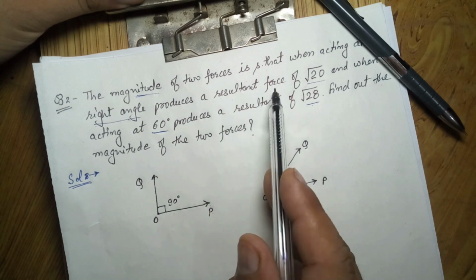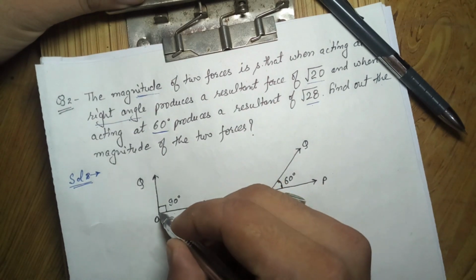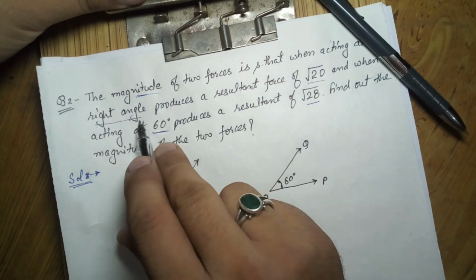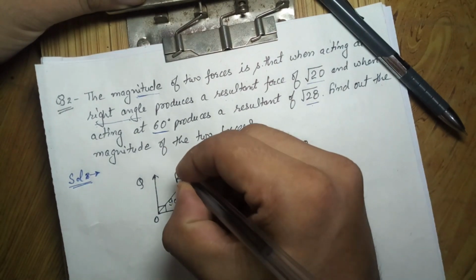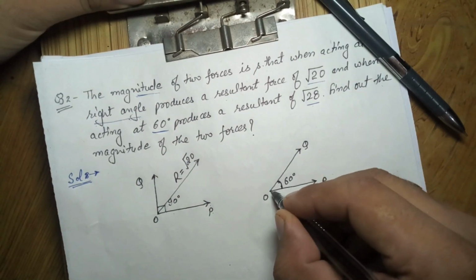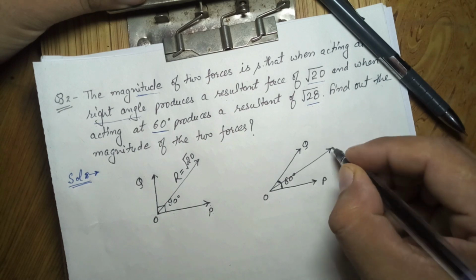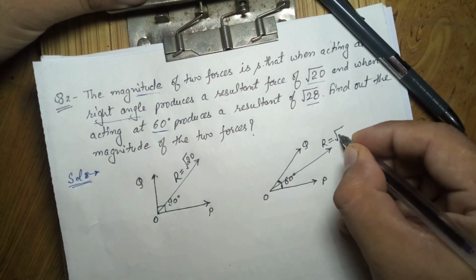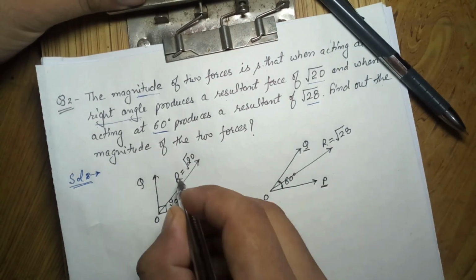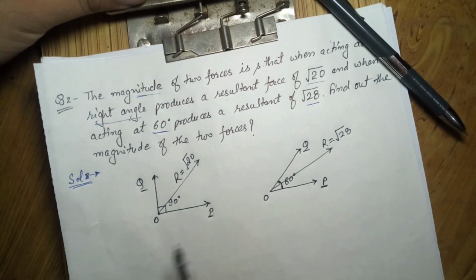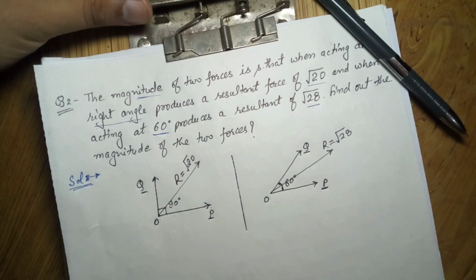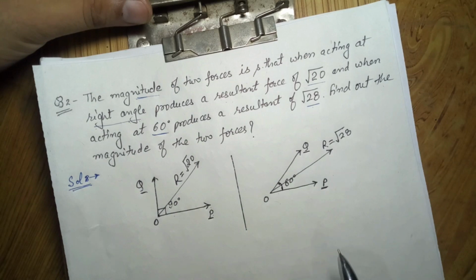As the question tells us, the resultant is in between these two; for the right angle case it is root 20, and when it is 60 degrees, the resultant is under root 28. Now we have to find the values of P and Q. According to the question there are two situations, so we take two cases here. This is case number 1 and this is case number 2.